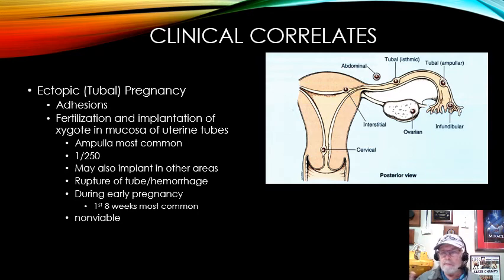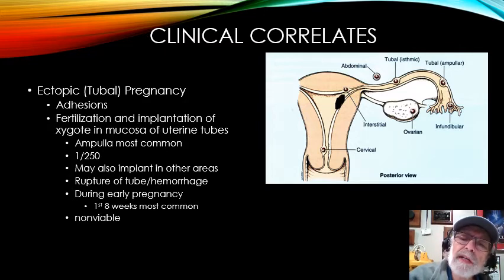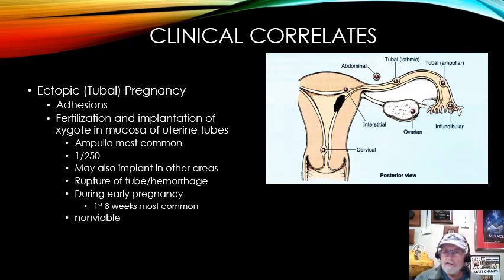It implants in the wall of the fallopian tube as compared to the wall of the uterus. The most common place for implantation is somewhere right about here on the lateral wall of the uterus. Up above is okay, but down here is a problem.